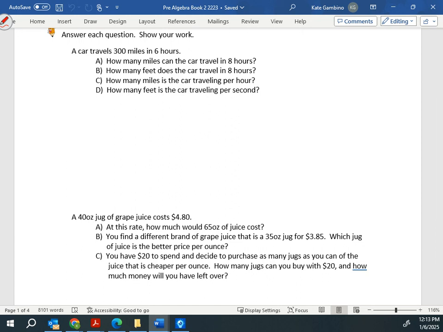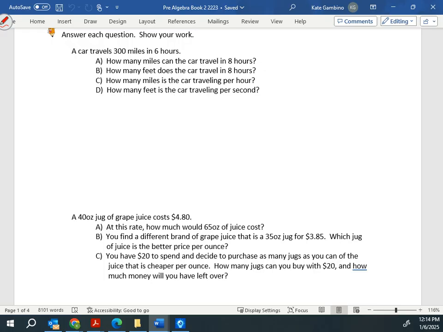How many feet does the car travel in 8 hours? How many miles is the car traveling per hour? How many feet is the car traveling per second? So let's think through. I know before Christmas break was so long ago, but we're going to brush the cobwebs off and see if we can remember how we should find these things.